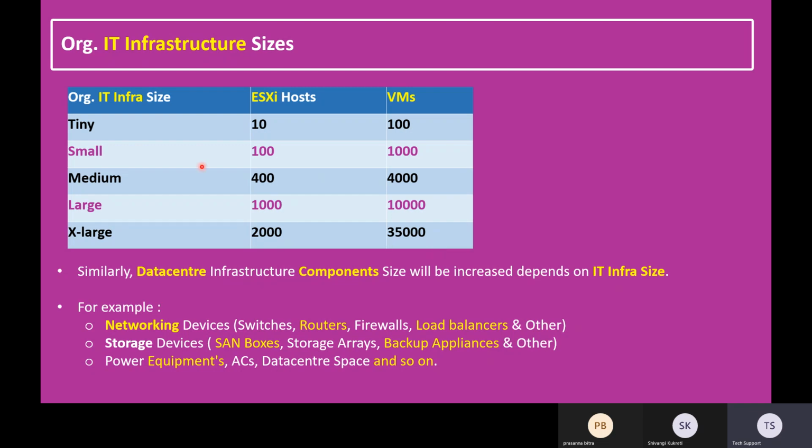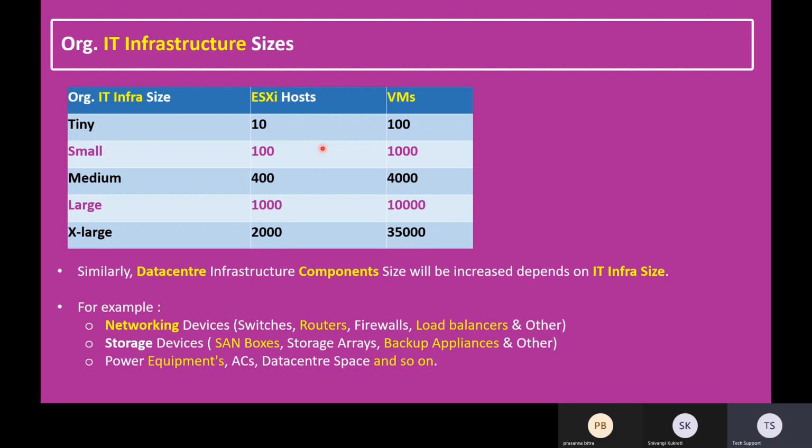A similar case is applicable for tiny, small and medium, but the only thing is the manpower is much less. In tiny, small, medium, large and X large, our manpower will increase based on the infrastructure size. Normally, roughly how the infrastructure managers will consider is, if you have 100 ESX hosts, we need a minimum of two resources. That means two vSphere administrators are needed.